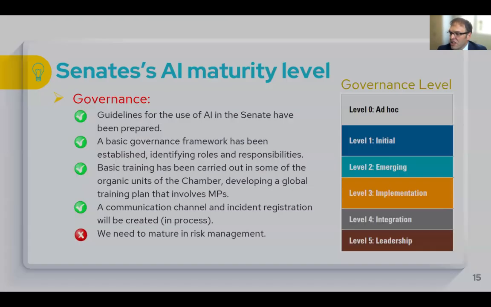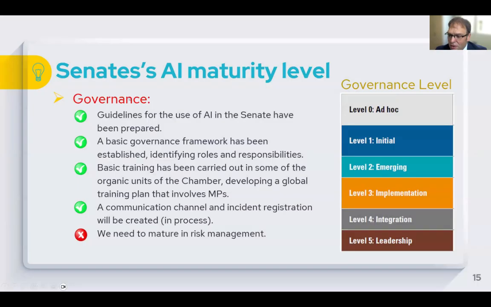For example, in the first area, that is governance. Oh, okay, I have just 1 minute more. Governance, we identified that we are here, also in level 1, starting to go to level 2, but we are at an early stage of governance.